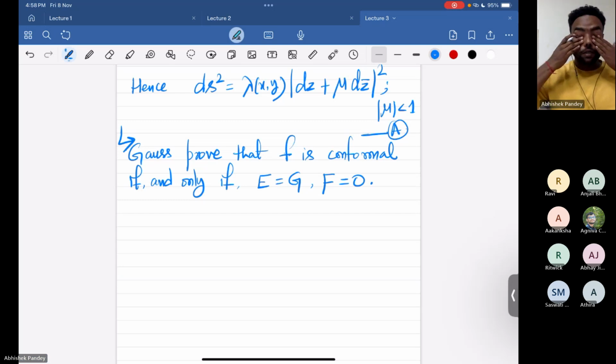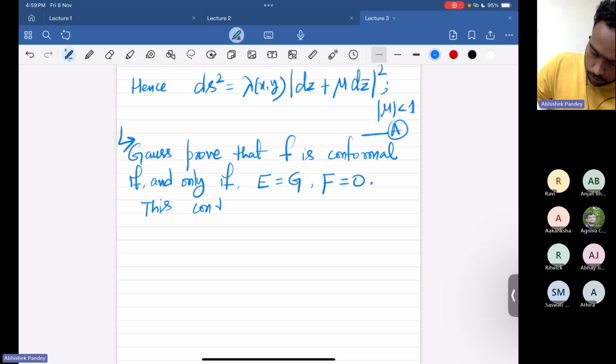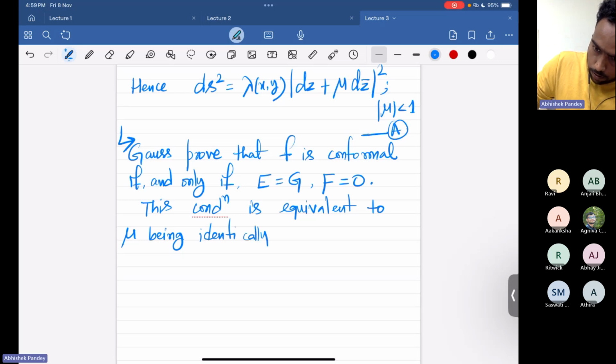Okay. So what does this mean? This means that this condition is equivalent to mu being identically 0.